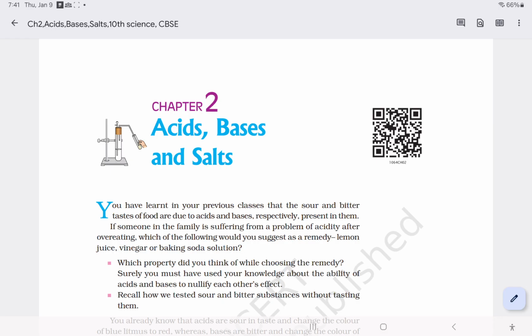Different substances come into these three categories, acids, bases and salts, and they are very helpful in our daily lives. We can use them for cooking purposes, for cleaning purposes, and even as health remedies.